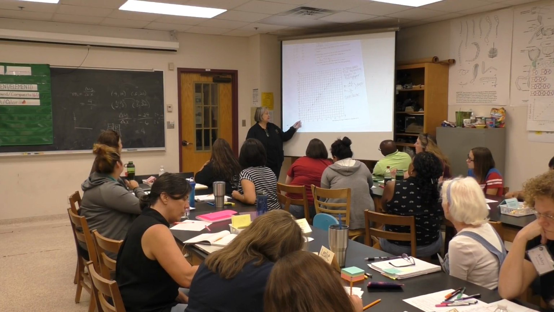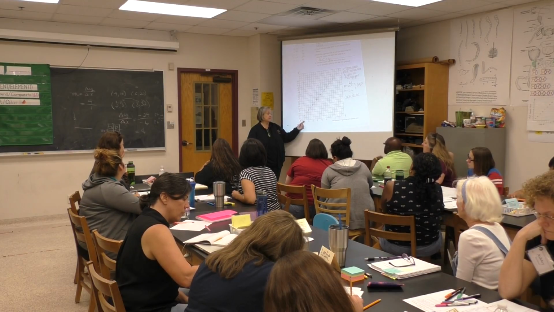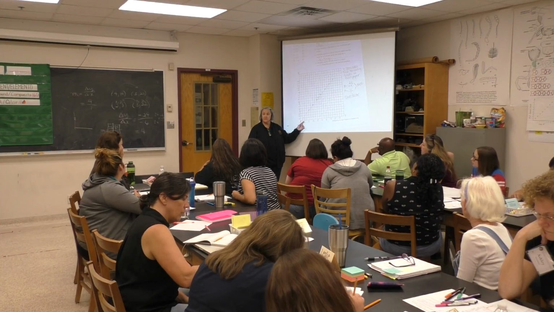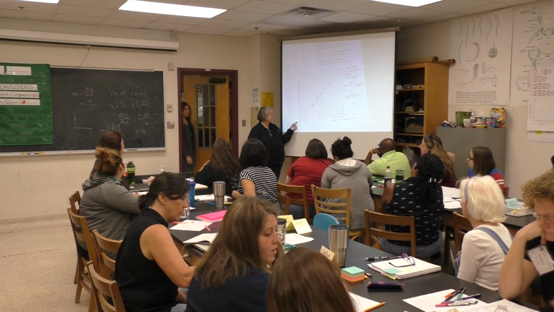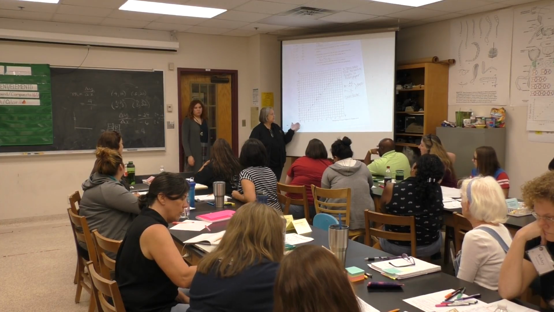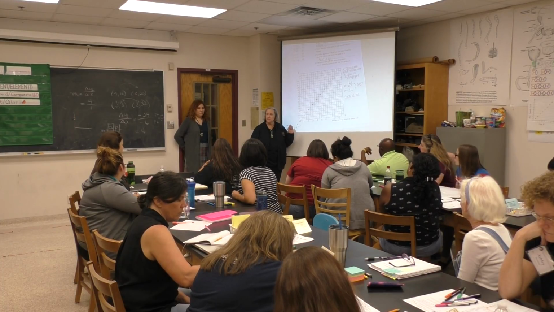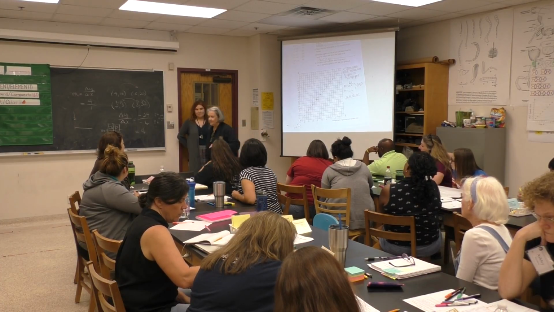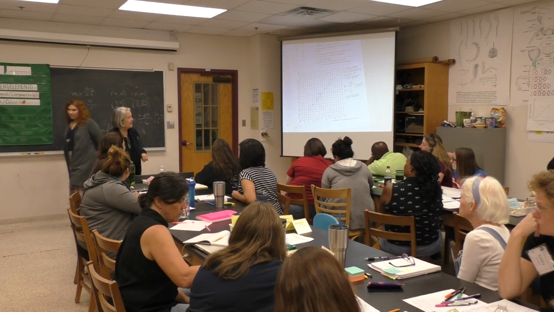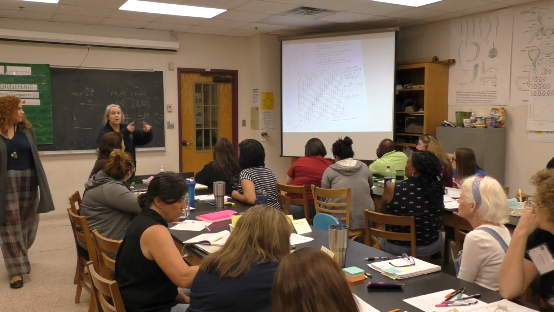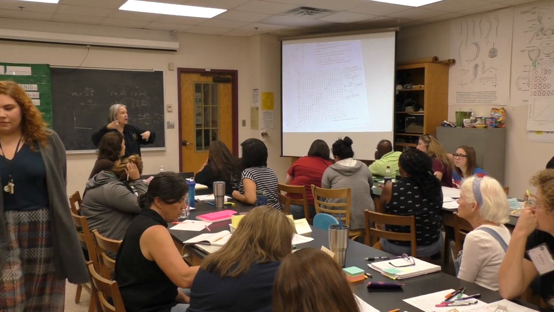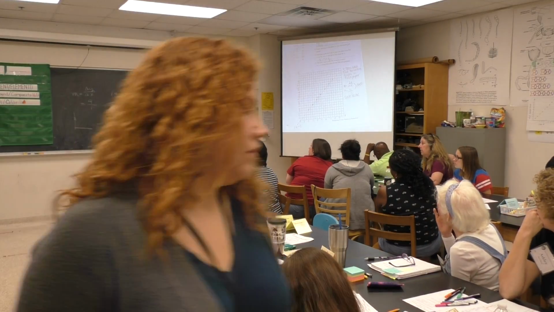Okay, so the rate of change between the points is consistent for the y, and also consistent for the x. Correct. And it goes through the origin, so it is a proportional relationship.